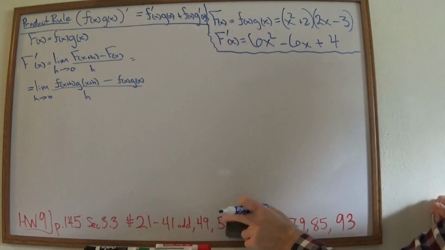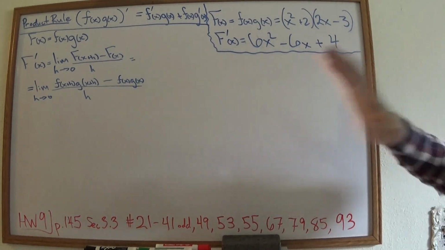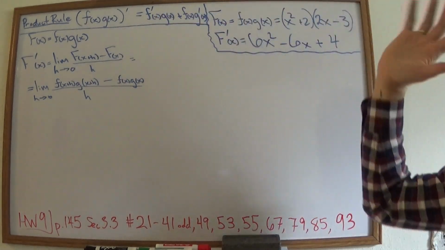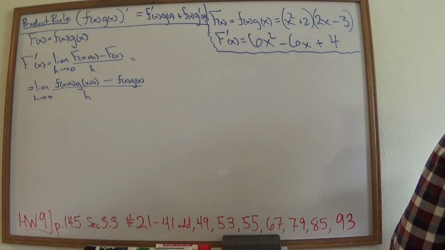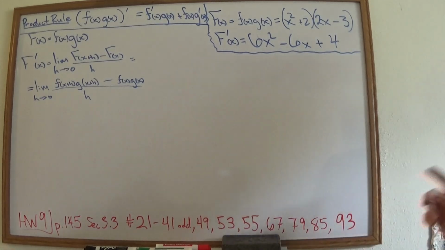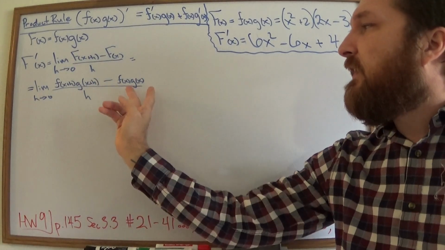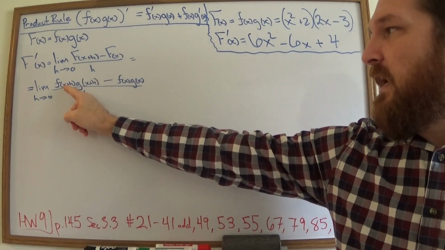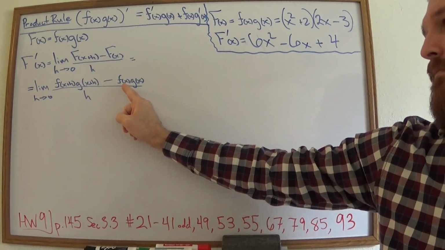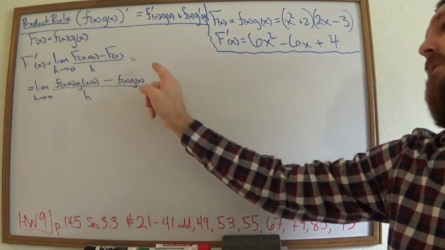First off, I have an idea of where I'm trying to go, but I'm not quite sure how to get there. There's something to notice. We have two different flavors of f and g. One of these f's has an h in it, the other one does not. One of these g's has an h in it, the other one does not.